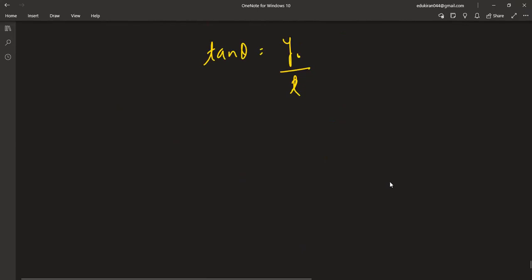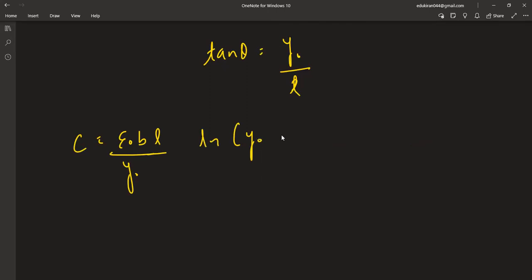Now substitute the value. So C is equal to epsilon naught b, tan theta is y naught by L, and here also in the ln you have y naught plus L into y naught by L, divided by y naught. So L will get cancelled. What are we left with?